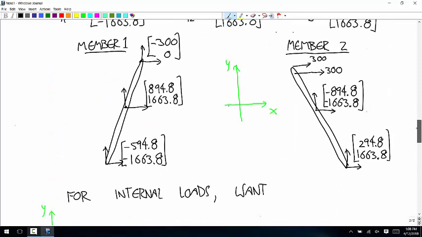And now we're just going to go one by one through these forces. So first I'll do the negative 594.8, negative 1663.8.